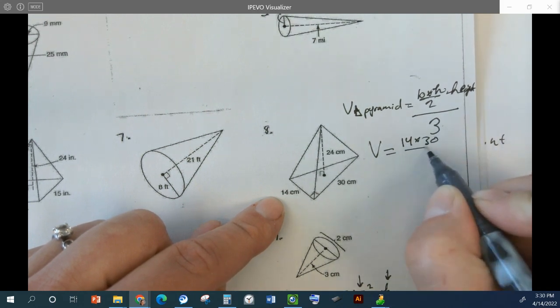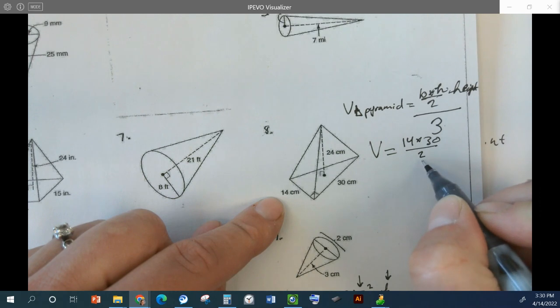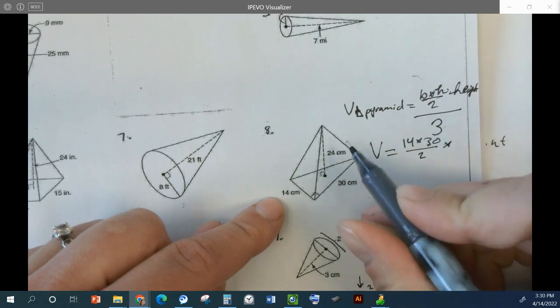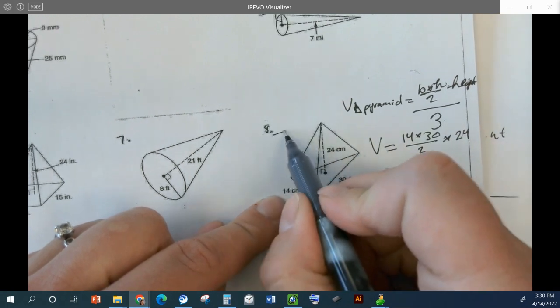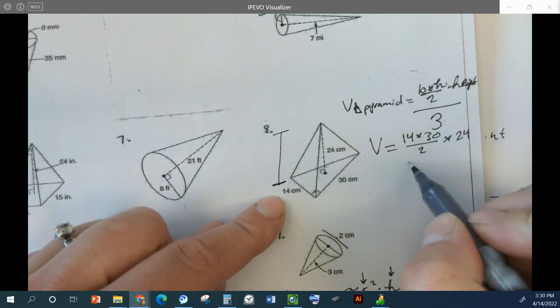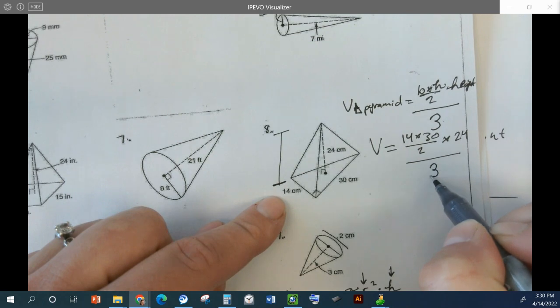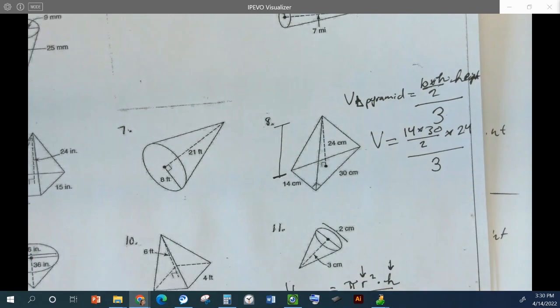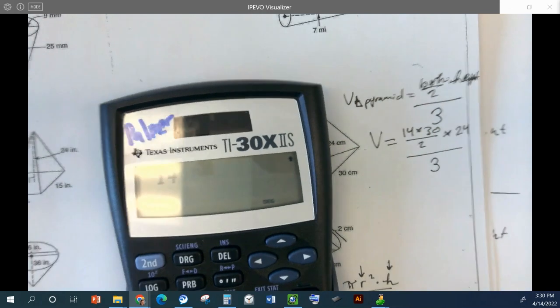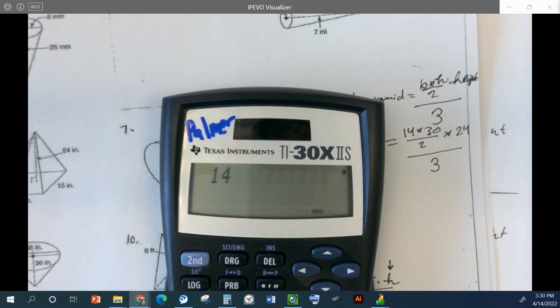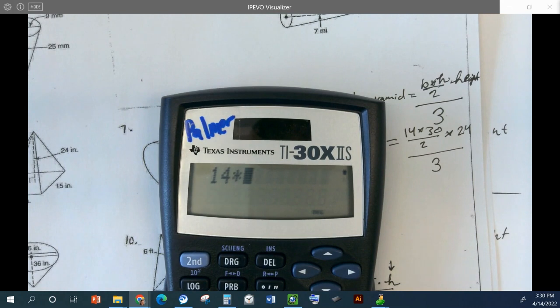Perfect. And then we're going to multiply those, divide by 2. And then we're going to multiply by the height of the pyramid. And then we're going to divide that by 3. So I probably will do this in chunks. So I'm going to do 14 times 30 divided by 2 gives me 210.